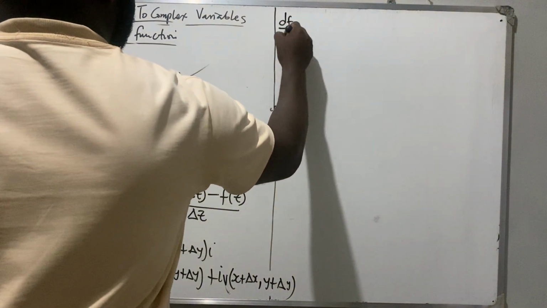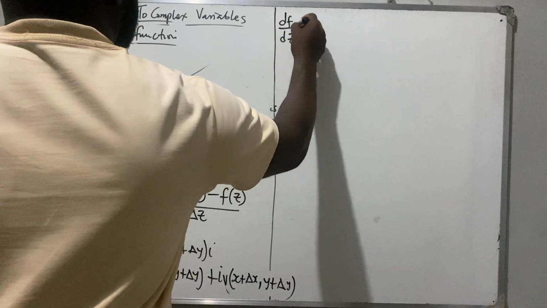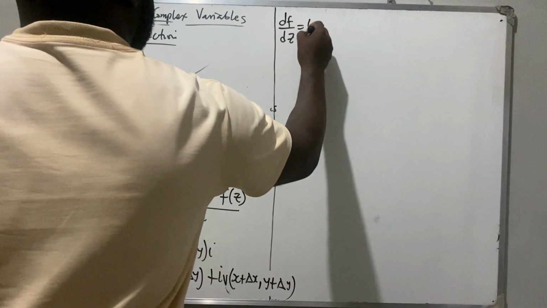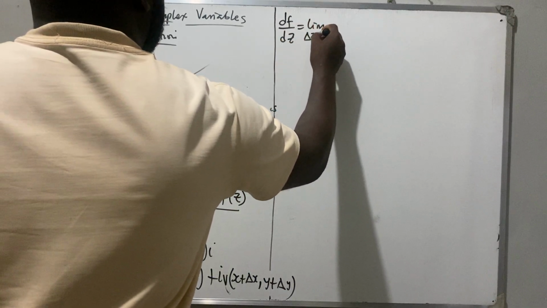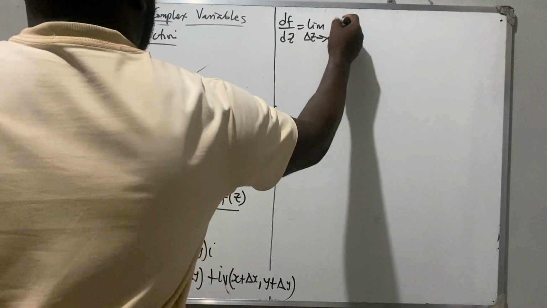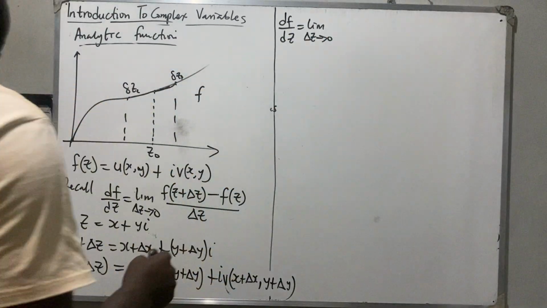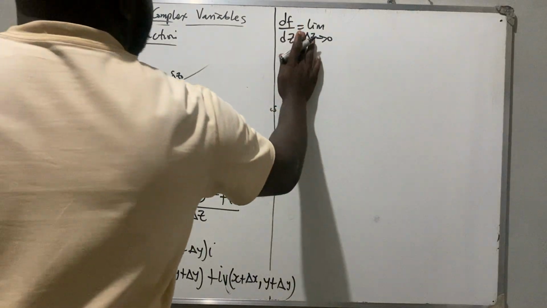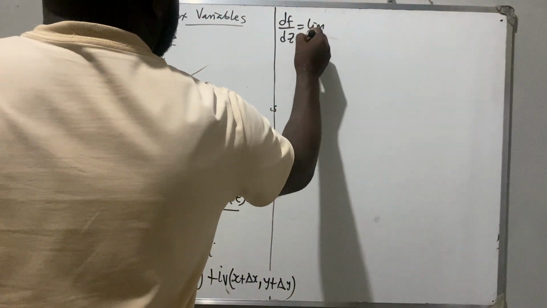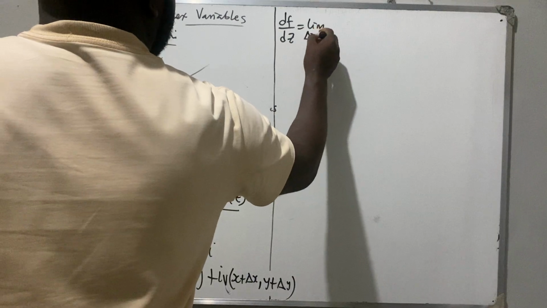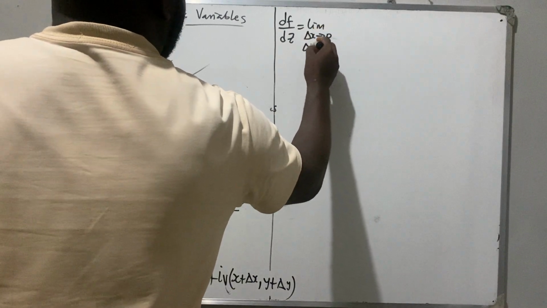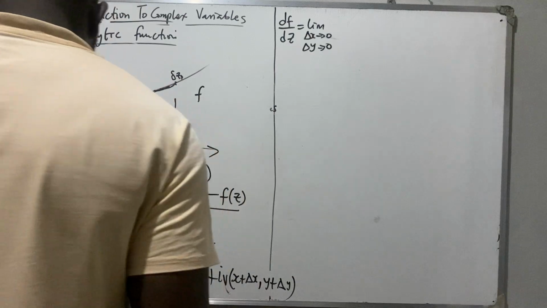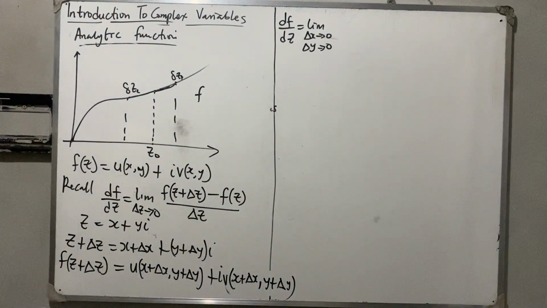f'(z) is equal to the limit as delta z tends to 0 of, since we have delta z here, we can change it to delta x tends to 0 and delta y tends to 0.